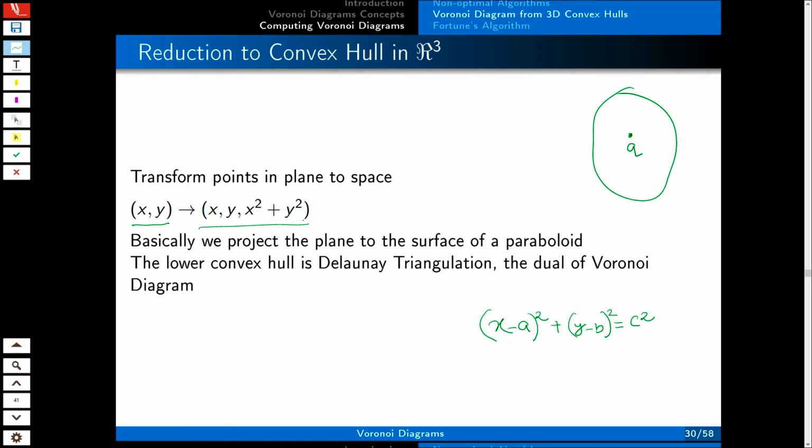But now I will ask you, with this transformation, how will a circle change? A circle is a set of points, right? How will this set of points be mapped in 3D?